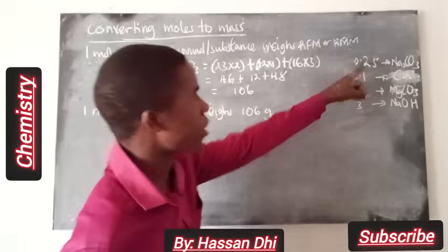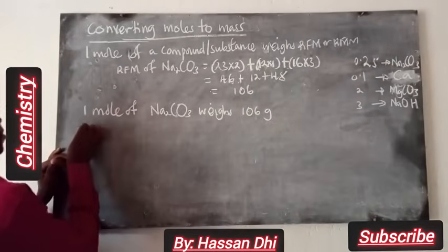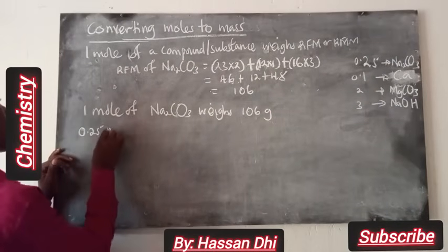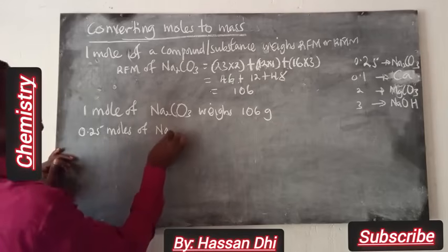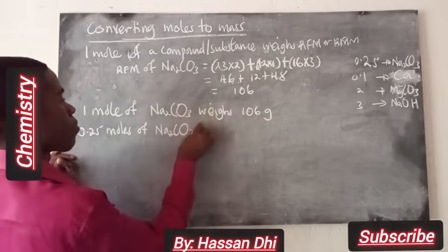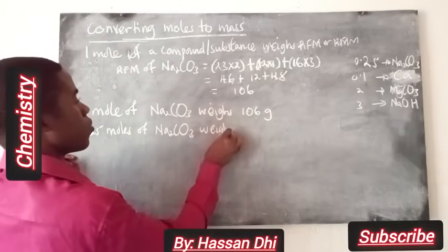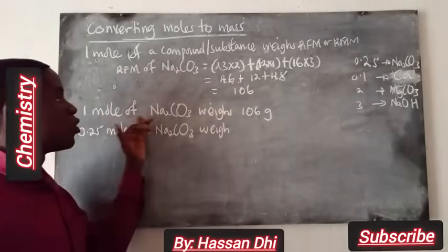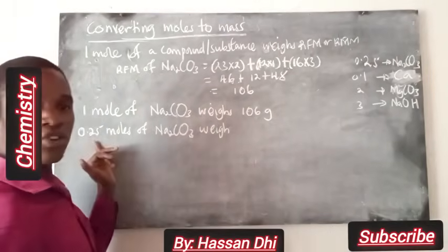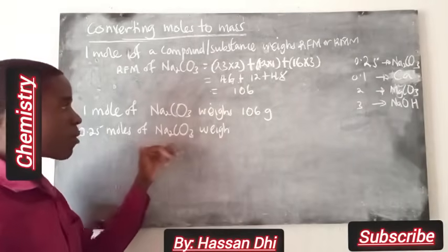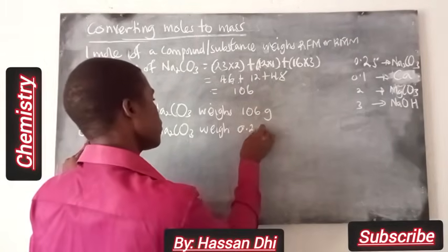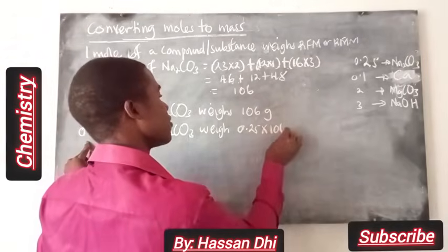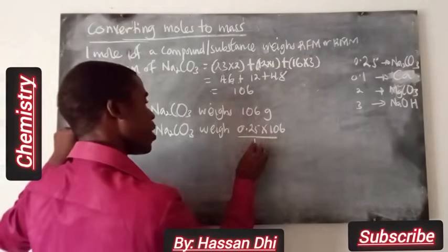That's what we know. What about 0.25 moles of sodium carbonate? You will weigh 0.25 times 106 divided by 1.